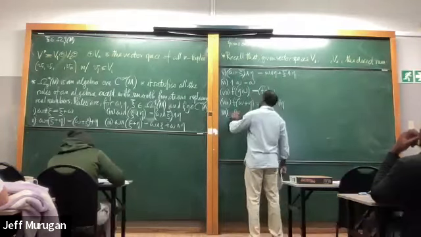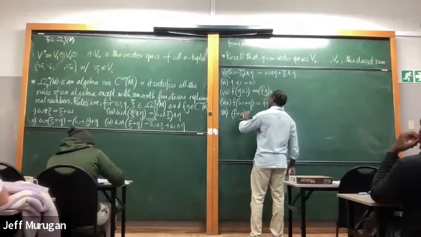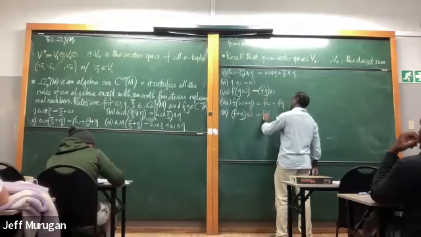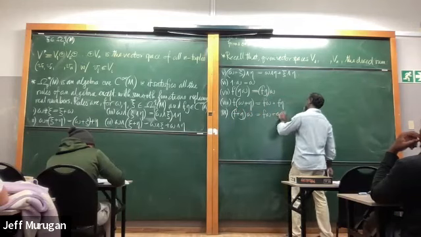And f plus g times omega is f omega plus g omega.